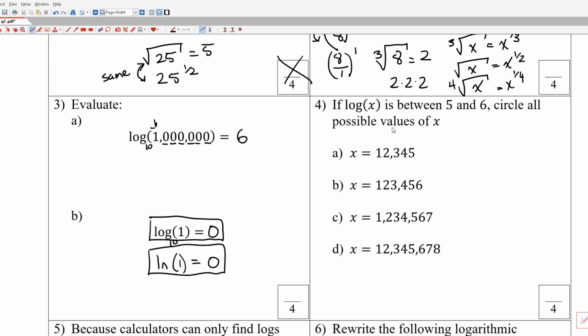Moving on to number 4. If log of some number x is between 5 and 6, I just changed these bounds from the last quiz, circle all possible values of x. Again, this is a little bit misleading because there's only going to be one of these that will work. I'm thinking of changing all of these to zeros. Now this is 10,000. If I took log of this number, how many zeros are there? 1, 2, 3, 4.